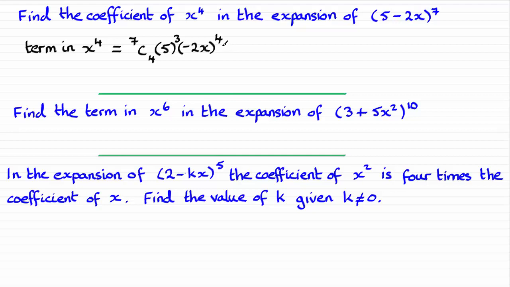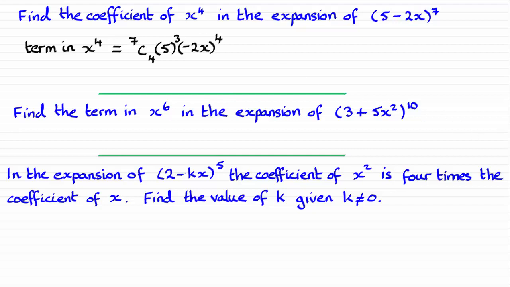And then it's going to come from 7C4, n being the 7, and we want the power 4, okay? And so that leaves us with the 5, which has to be raised to the power 3 in order that the sum of the 3 and the 4 equals the 7 there.